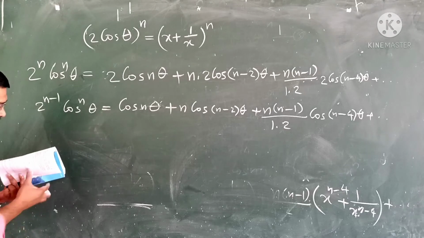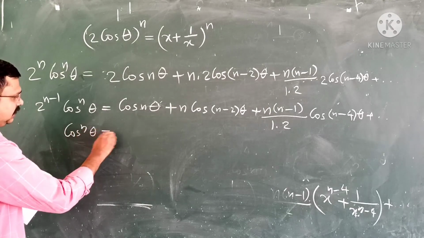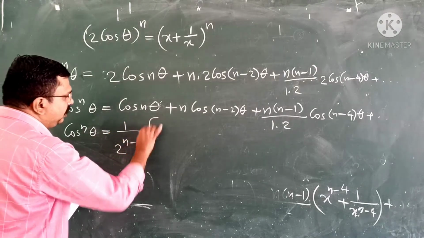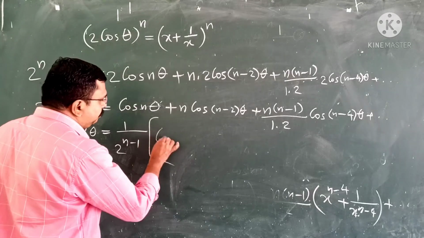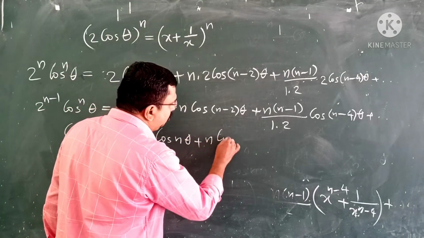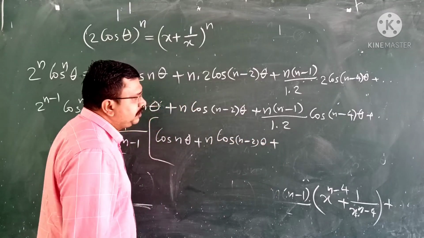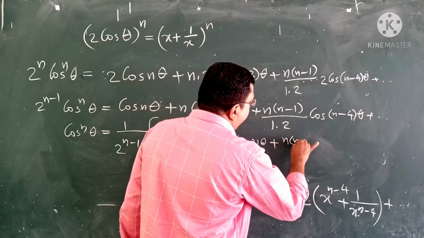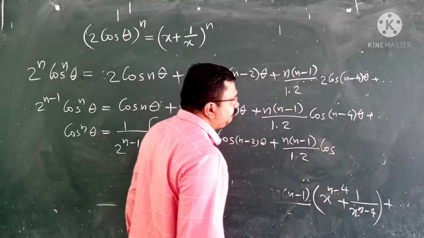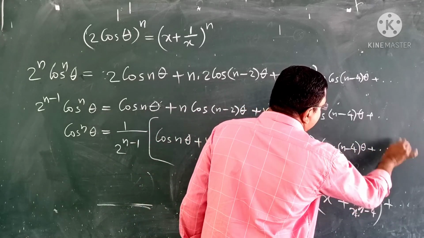Therefore, we can write cos^n theta is equal to 1 by 2^(n-1) into (cos n theta plus n into cos (n-2) theta plus n(n-1) by 1 into 2 into cos (n-4) theta plus etc.)